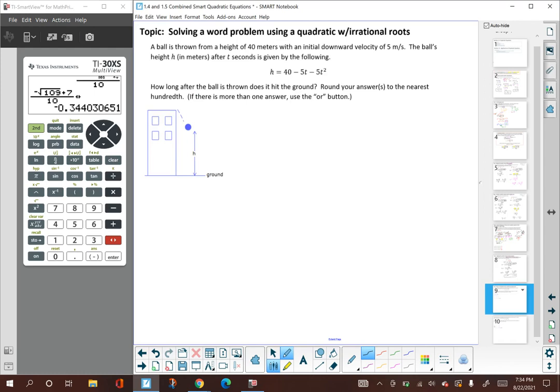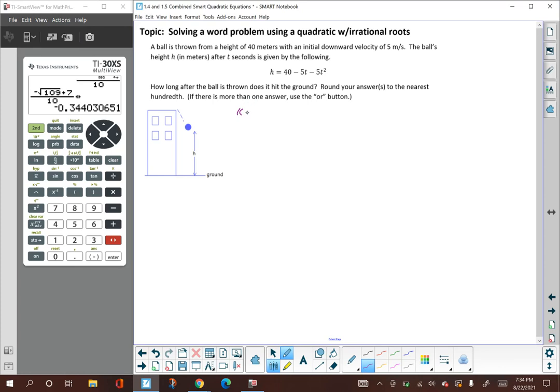So we've got a height, let's see, the ball is thrown from a height of 40 meters, so it starts out at 40 meters. Initial downward velocity, 5 meters per second. The ball's height is h, and t is time in seconds. So it gives us the equation here and asks us how long after the ball is thrown does it hit the ground. So the first thing we need to talk about is hit the ground.